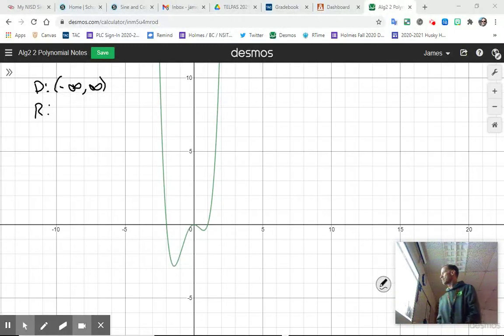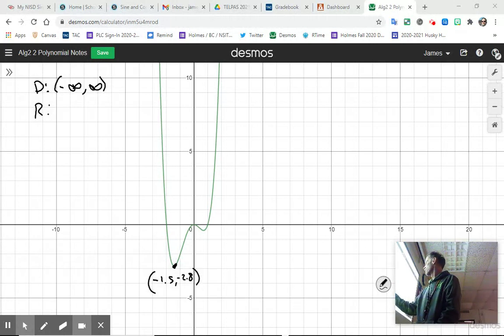The range is a little bit different because here, if I go ahead and kind of mark that minimum point here, this point right here would be a global minimum. I'll talk more about that in a second. But if I label that, I'll call it -1.5 and -2.8. Close enough.